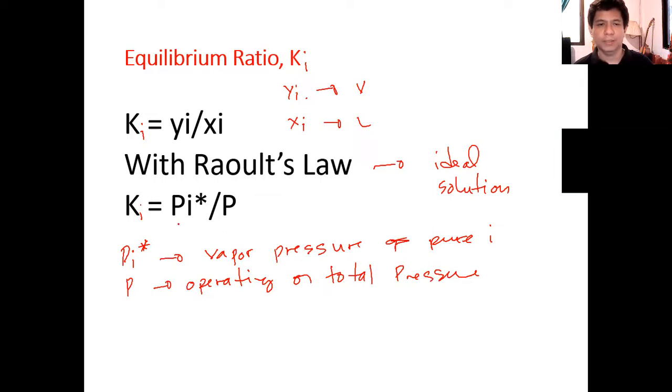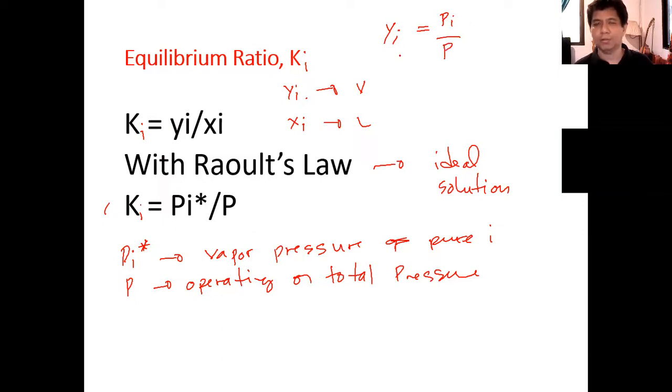So let's try to derive this equation from the definition of the equilibrium ratio K sub i. First, for y sub i, that's a mole fraction. If we assume that we have an ideal gas, then y sub i is equal to P sub i over the total pressure. Okay?